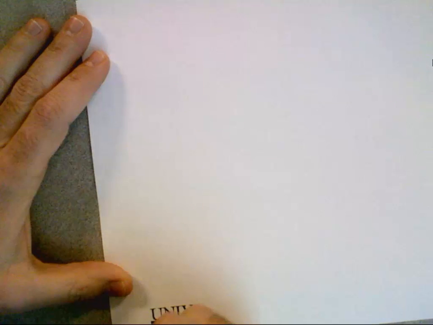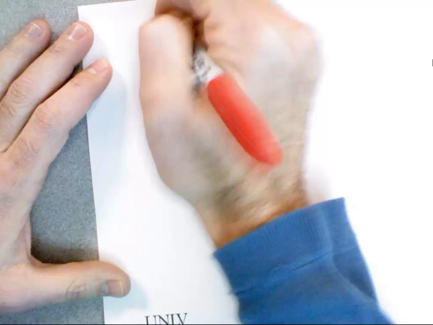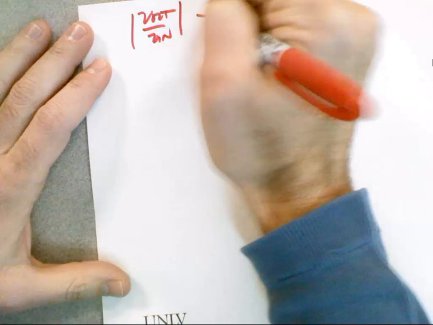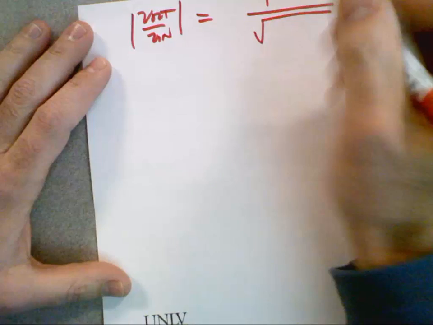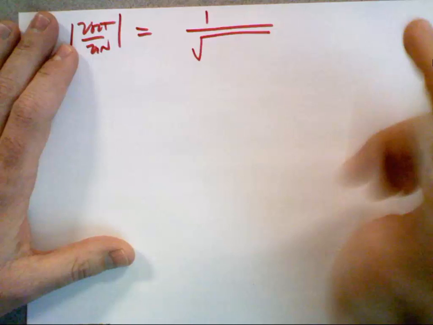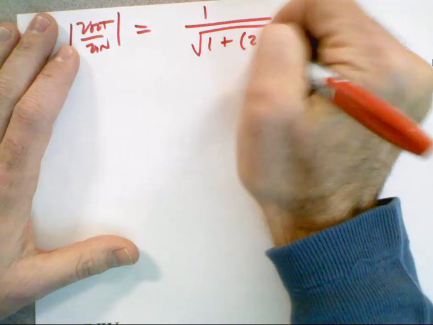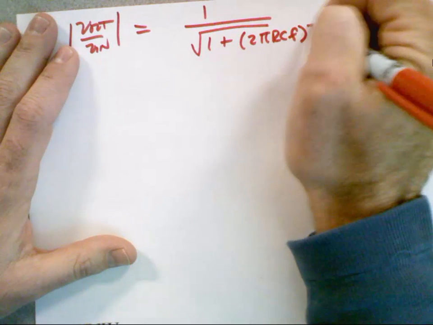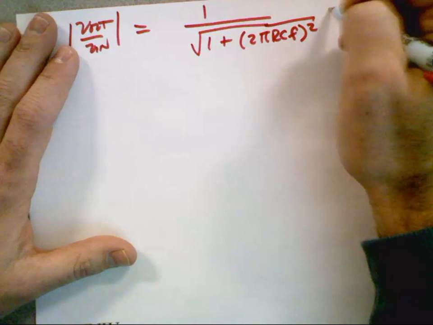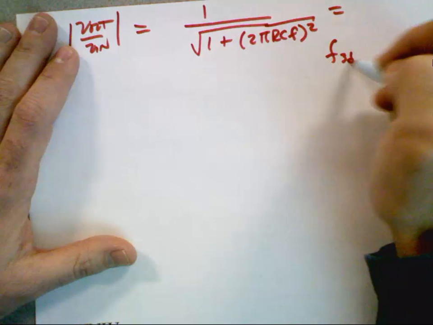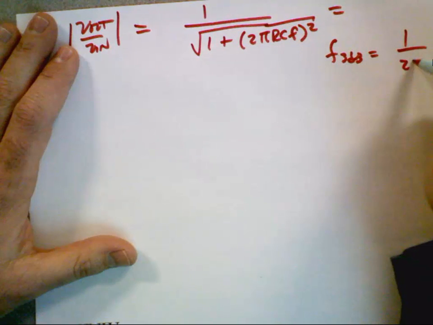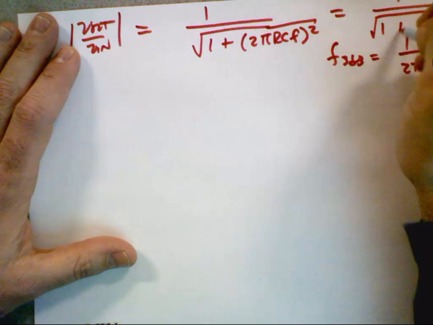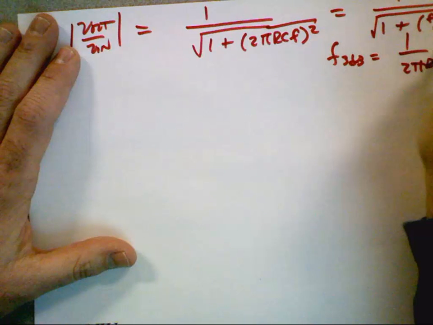We're going to plot the magnitude V out over V in, which is 1 over the square root of 1 plus (2 pi RCF) squared. I'm going to rewrite it with F 3 dB equal to 1 over 2 pi RC as 1 over the square root of 1 plus (F over F 3 dB) squared.